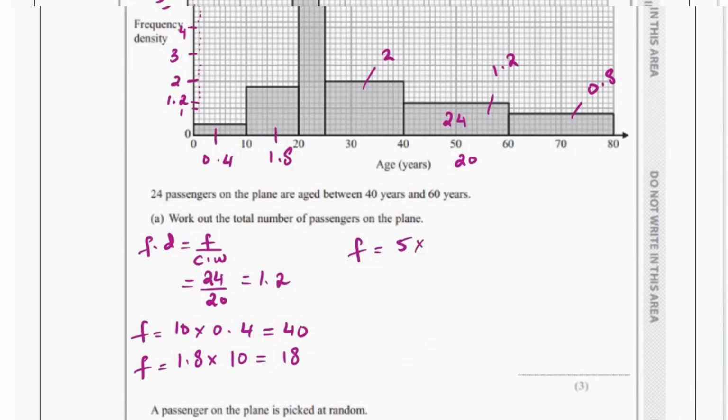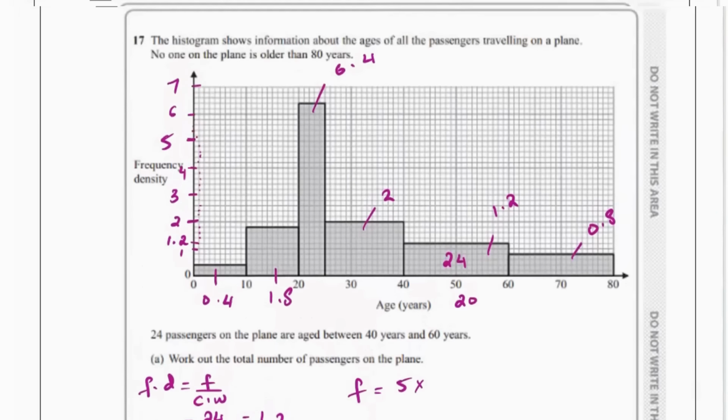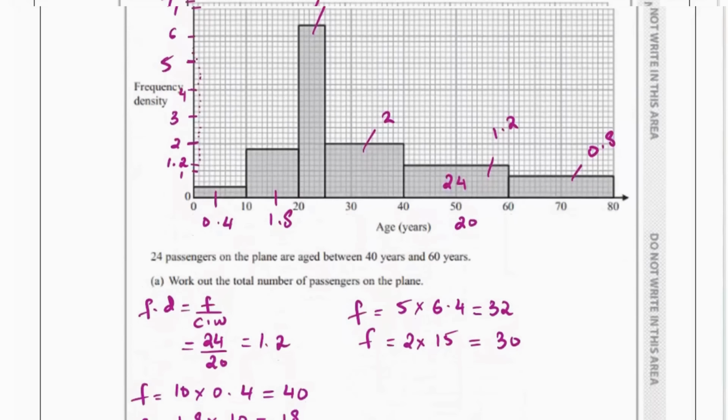Then 5 times 6.4, which equals 32. Then we have 2 times 15, which equals 30. Then we have 24. And then we have 20 times 0.8, which is 60.